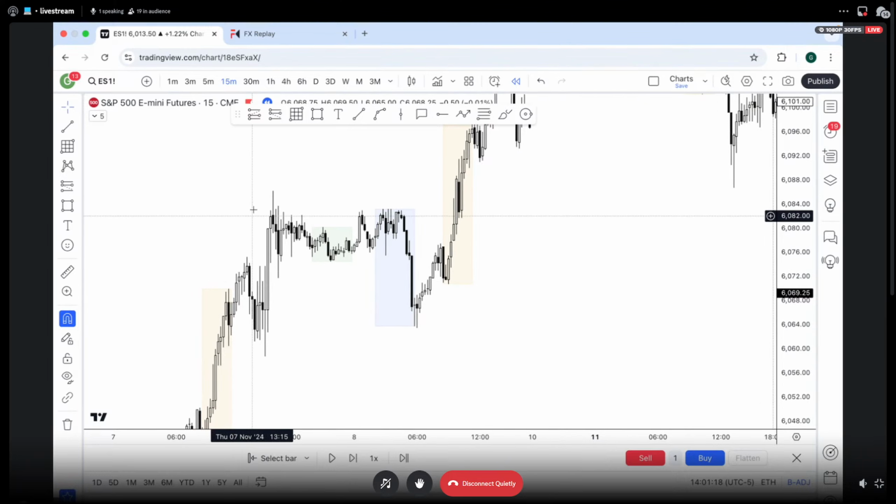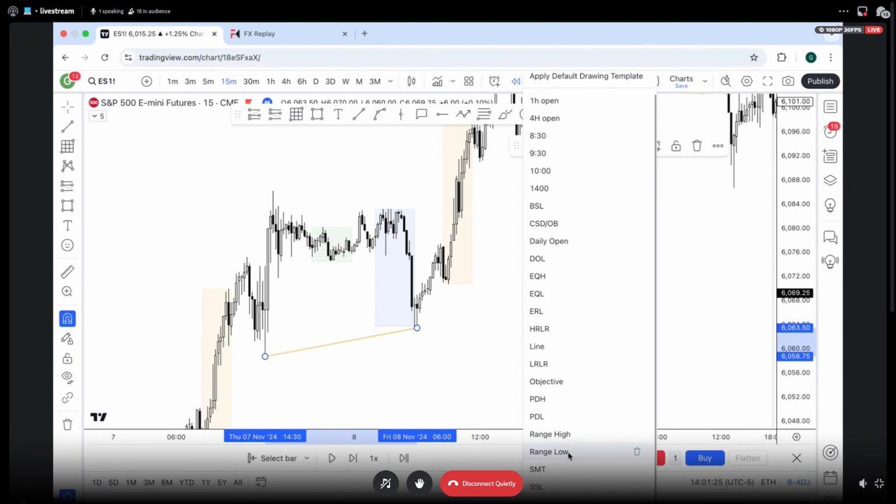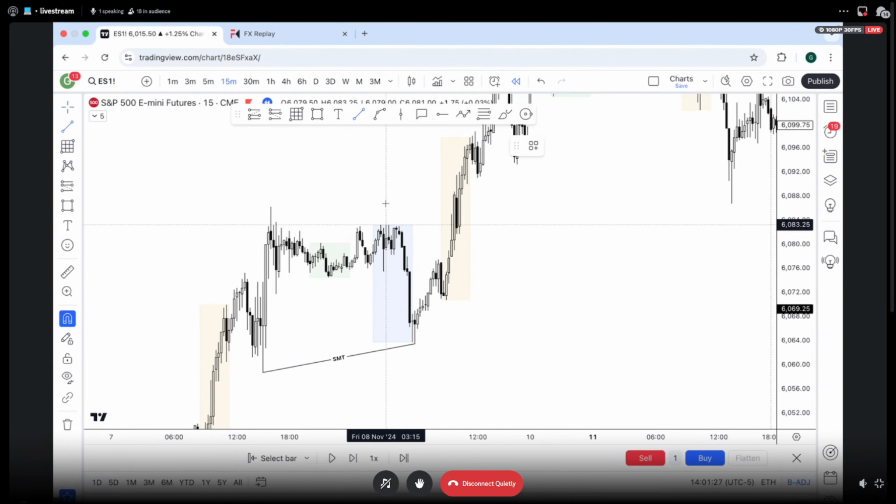Okay, we have consolidation. So again, no established side of the day. We formed SMT. So notice how we had SMT here. I'm also going to teach you guys this. So we had bearish SMT here. But what happens? The strength switches, right? So it was weaker. Now it's stronger. We have expansion.